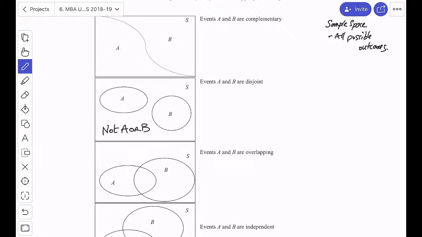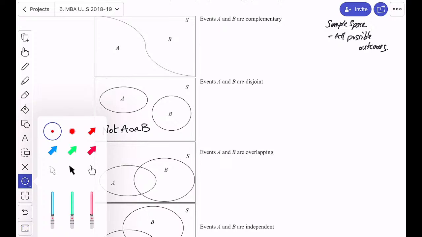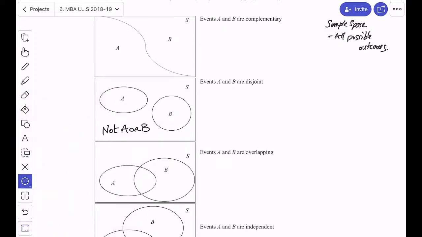It's an event. And now what I see are there's three possibilities here that don't exist here. So complementary events are just two. There's A and there's B, or in other words, not A. Or you could say there's B and not B. Okay, so they can be referred to each other, through each other. My pen is too thick.